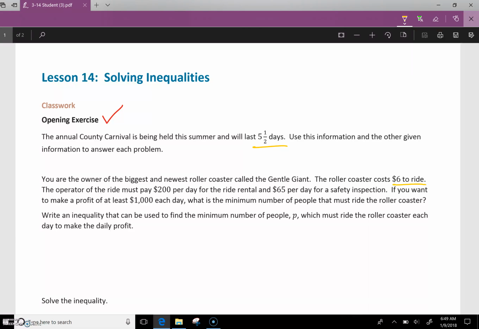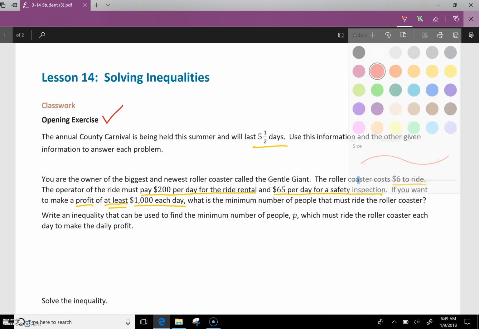The operator of the ride must pay $200 per day for the ride rental and $65 per day for safety inspection. If you want to make a profit of at least $1,000 a day, what is the minimum number of people that must ride the roller coaster?